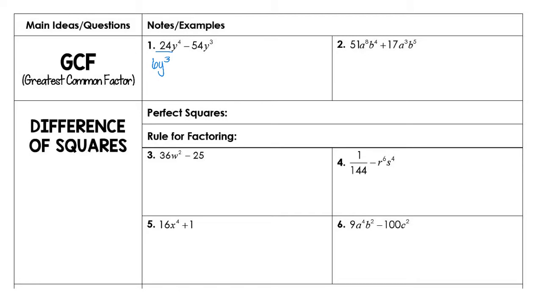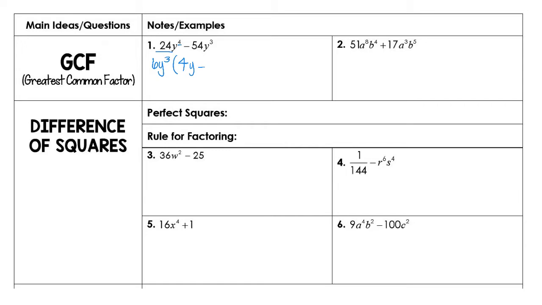And then we go back inside the parentheses and we divide and get what's left over. So here 24 divided by 6, that's 4, isn't it? And then here with our exponents, we are dividing with like bases, so we subtract our exponents. So 4 minus 3 is 1, isn't it? Do we have to write that 1? No. And then we're going to have our minus.